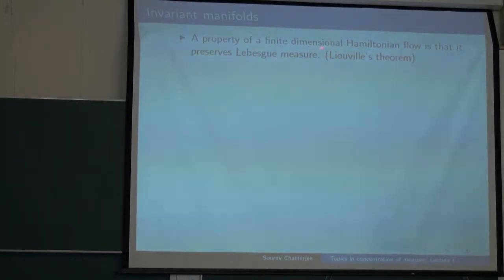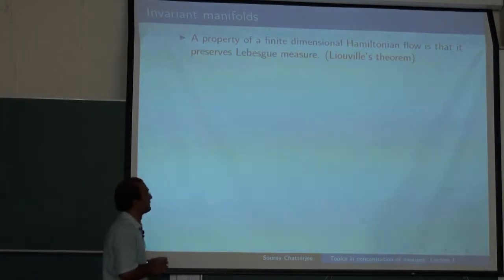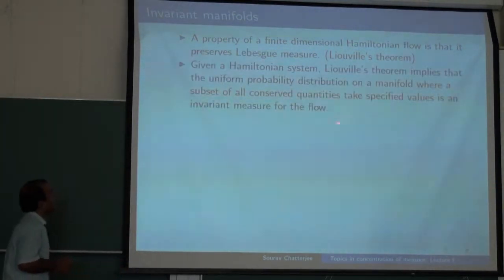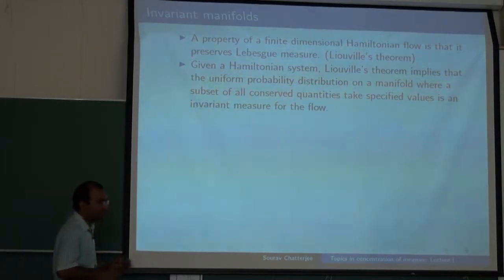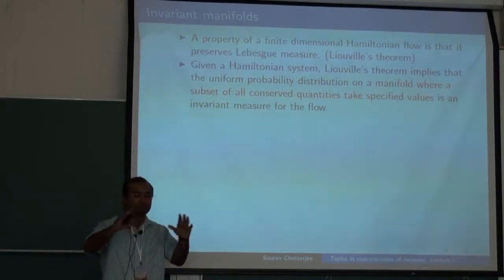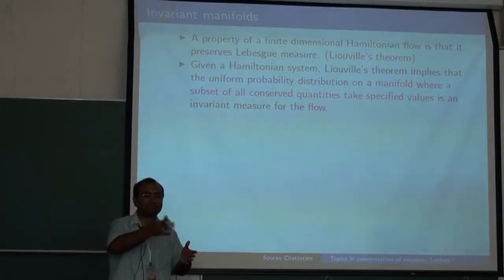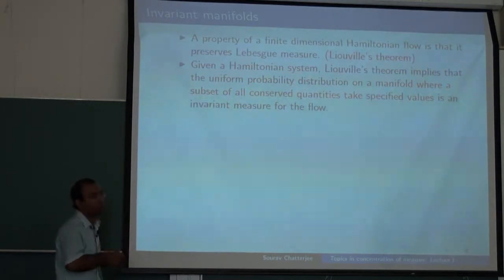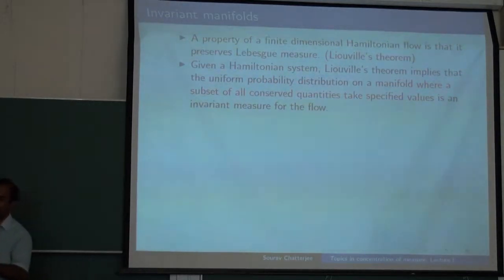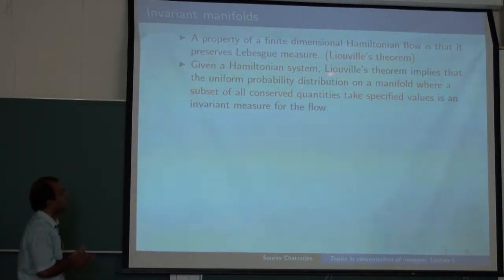So a very important property of a finite dimensional Hamiltonian flow, so for n particles, is that it preserves Lebesgue measure. So this is called Liouville's theorem. And what this theorem implies is that if you take some of the conserved quantities and you consider the manifold where these conserved quantities take some specified values, then on this manifold, if you take the uniform probability distribution, like the normalized Lebesgue measure on that manifold, then this theorem will tell you that this is an invariant measure.